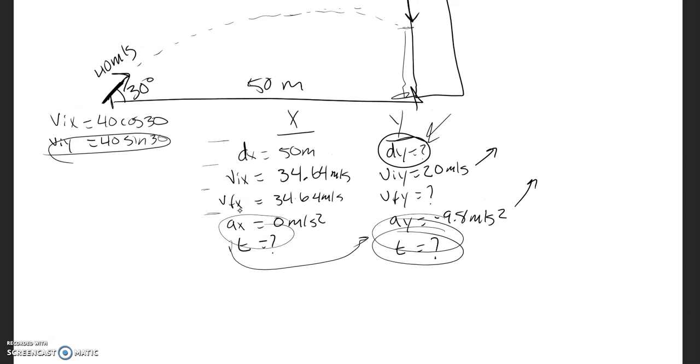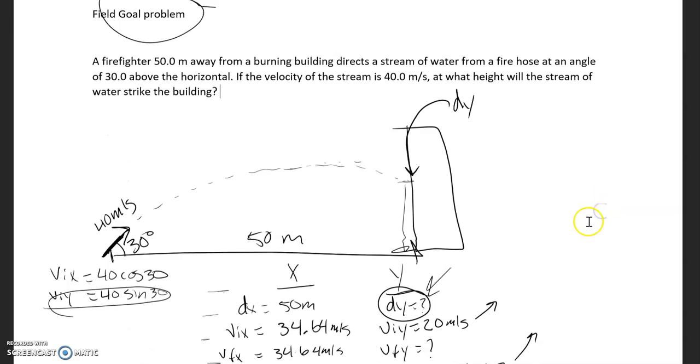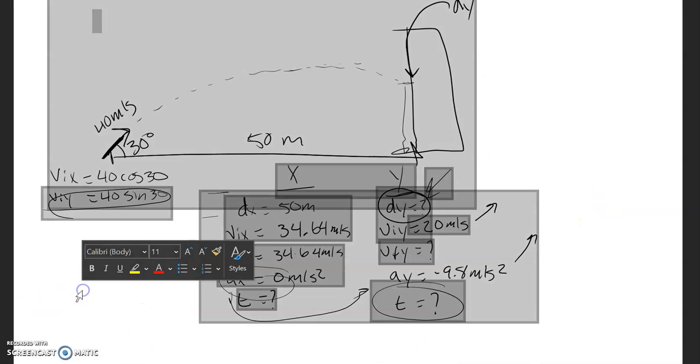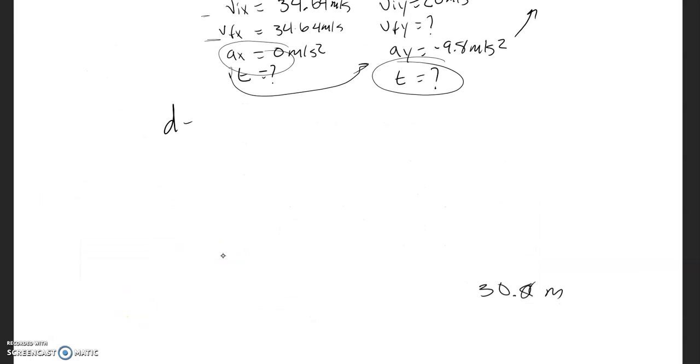Using our go-to equation, d is equal to di plus 1 half a t squared, we can solve for time. Remember, acceleration is 0, so that term cancels.